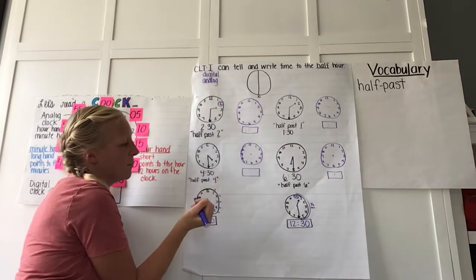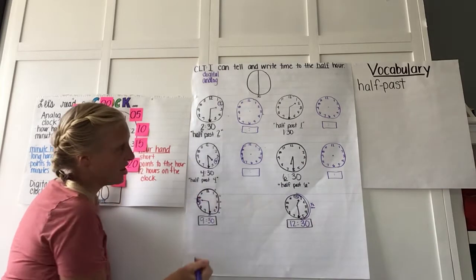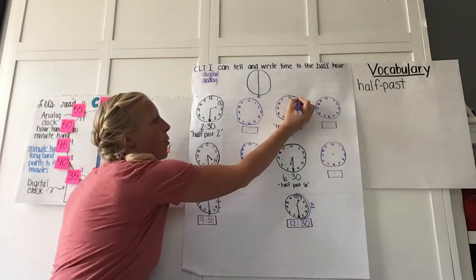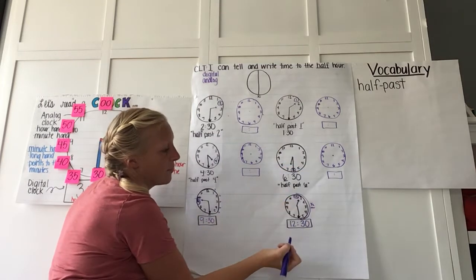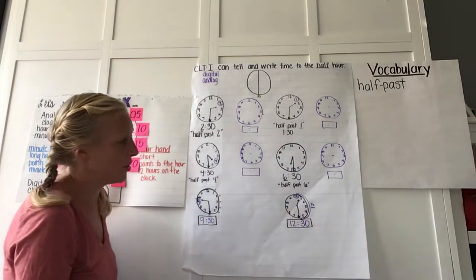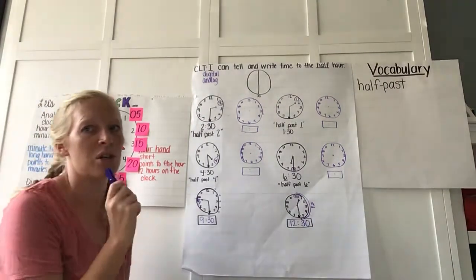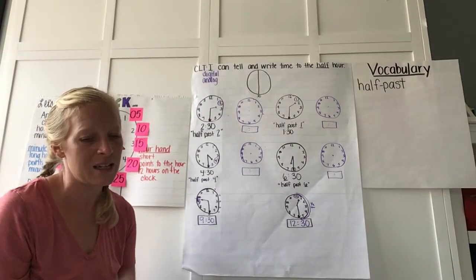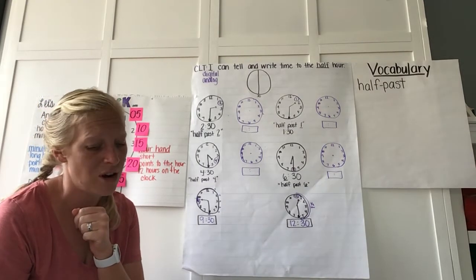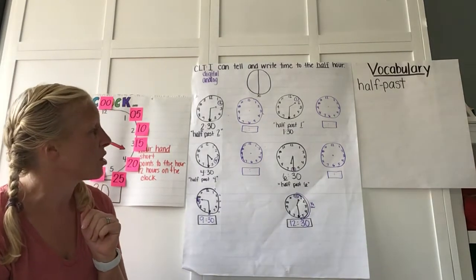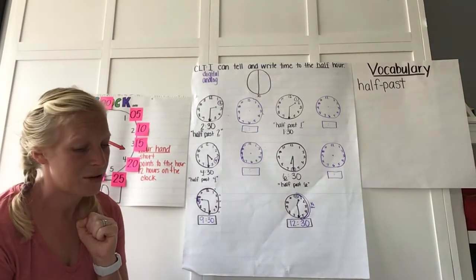The 2, the 4, the 9, the 1, the 6, the 12, absolutely. So when I'm showing you times today, my friends, I want you to make sure that hour hand isn't right on that hour. That's a tricky thing for us to remember. So please make sure that your hour hand is in between those 2 hours, okay?